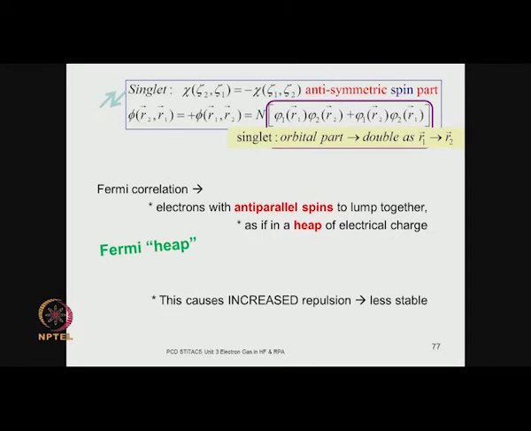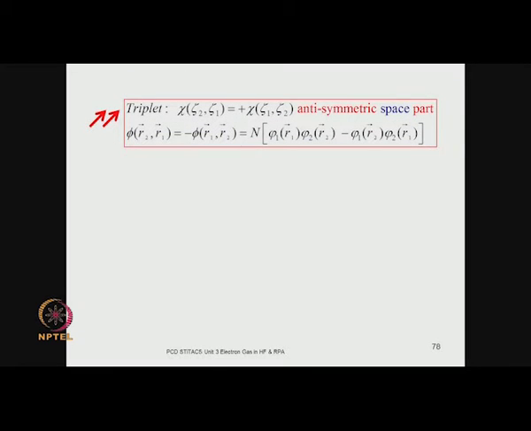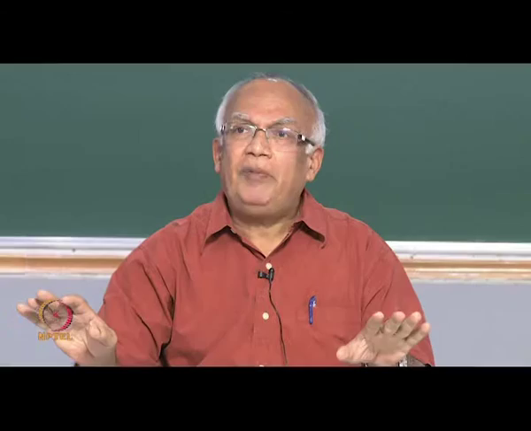So that is the reason it has higher energy, and correspondingly if you look at the triplet state, you have an antisymmetric space part. So you have the arguments R1 and R2 in this geminal wave function, and what will happen as R2 tends to R1, then you will have the orbital part practically vanish, and that is part of the reason that the triplet state, if it has to exist, will tend to keep the particles separated, and once they are separated, that will reduce the repulsion between them, and that will stabilize that particular state.